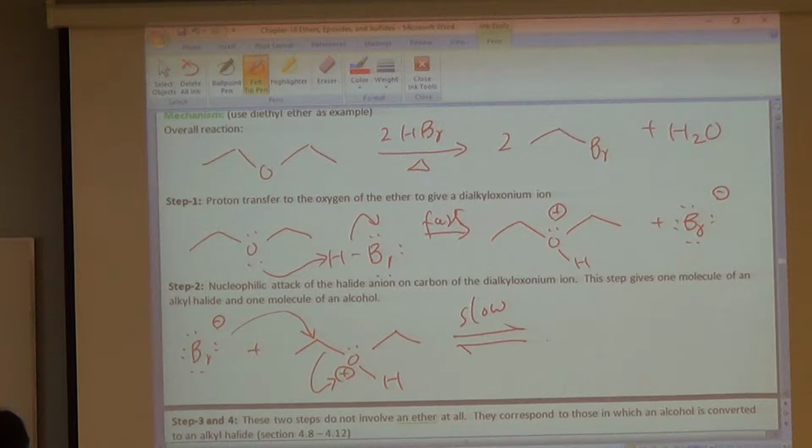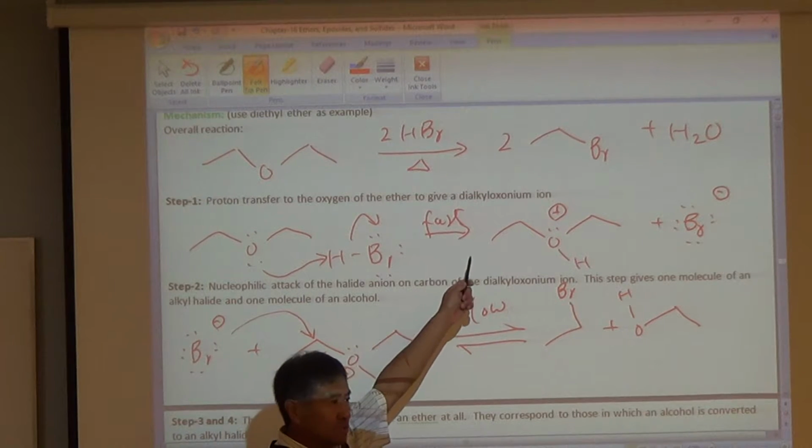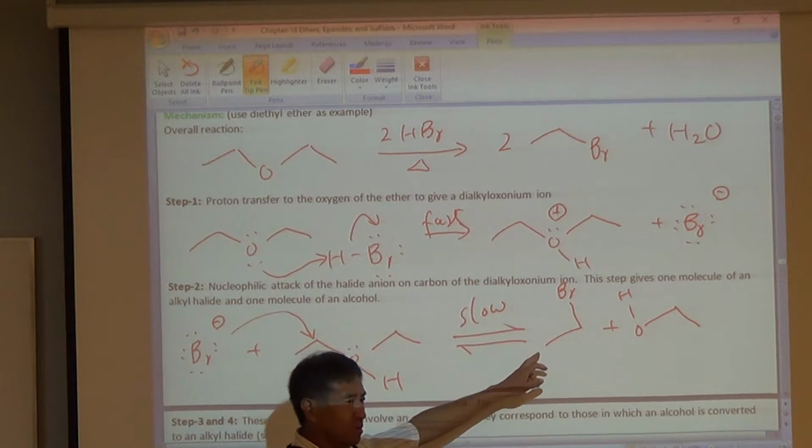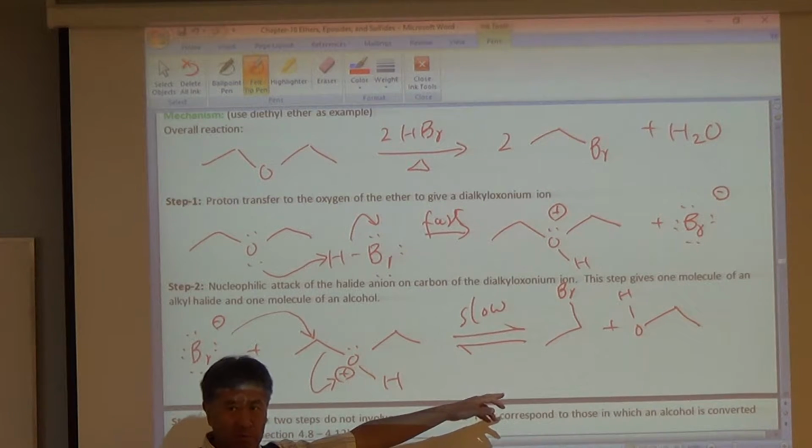What you first produce is the Br added on that side, and at the same time you produce this alcohol, O and H. And we said in our overall reaction, we produce two alkyl bromides. Now we have one alkyl bromide and one alcohol.